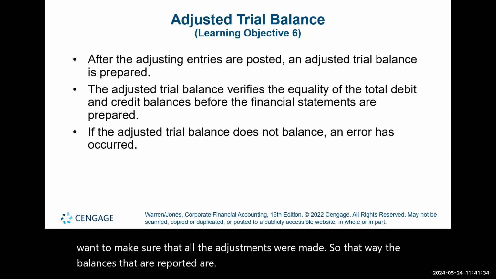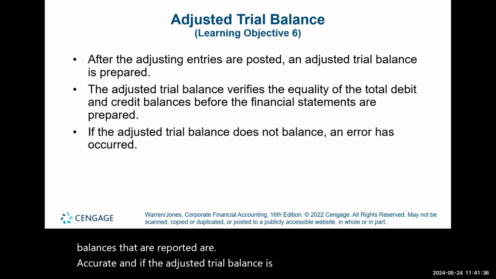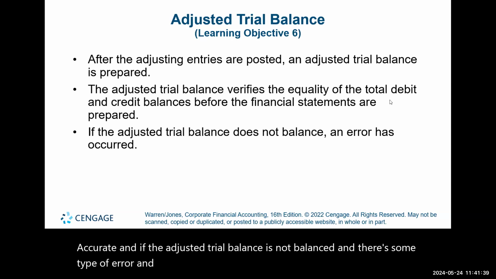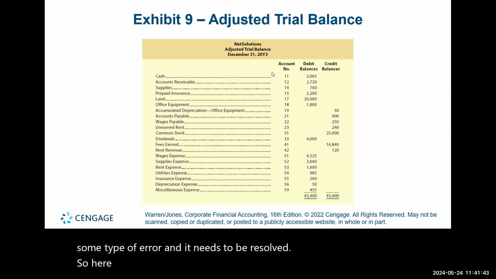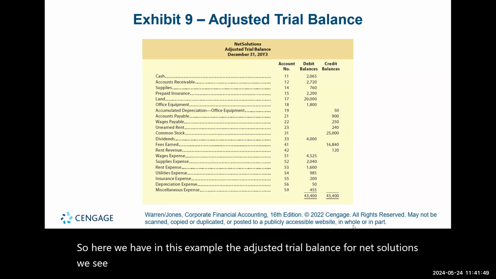And if the adjusted trial balance is not balanced, then there's some type of error and it needs to be resolved. So here we have in this example, the adjusted trial balance for Net Solutions. We see that our total debit balance and our total credit balance ties, so everything is good to go.